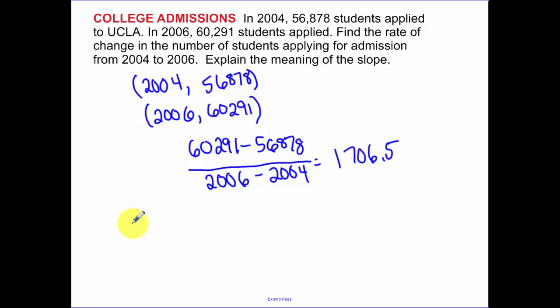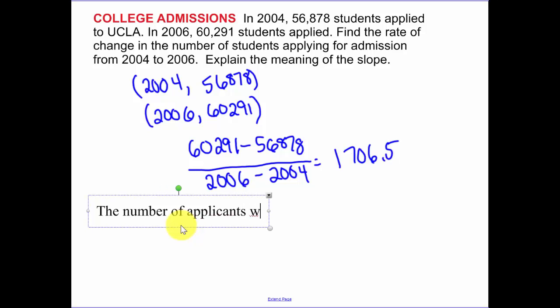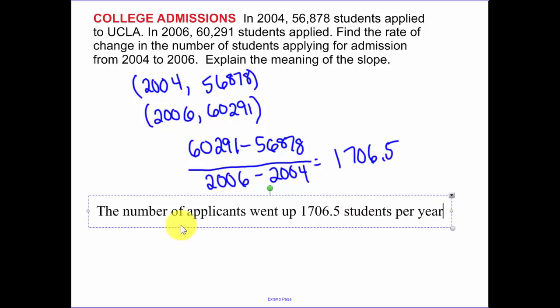And what does that mean? That means, I'm going to be fancy and type it out here: the number of applicants went up, students per year.